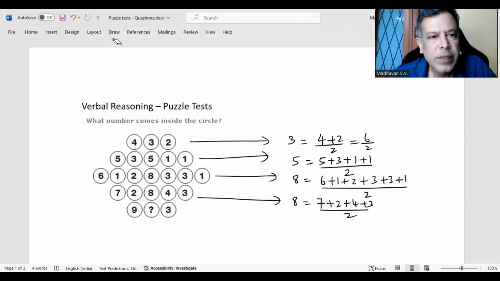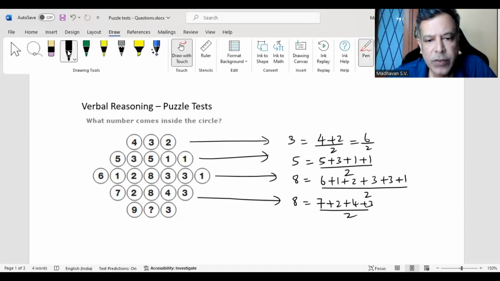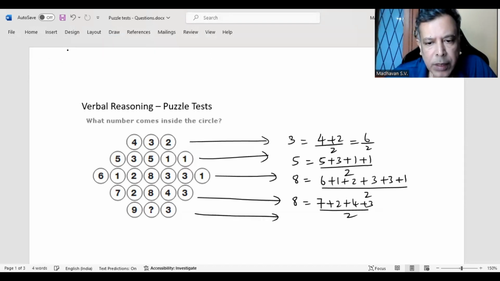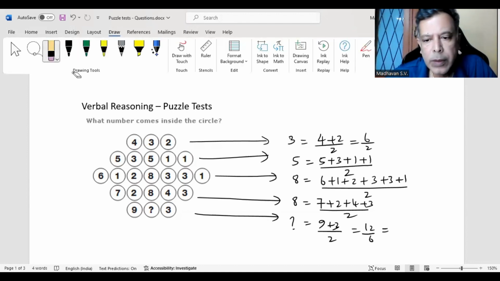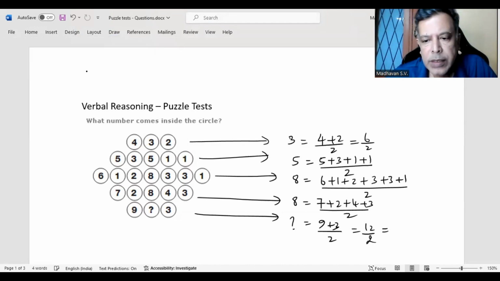So on that basis, now for the last row, middle number, the question mark should be 9 plus 3 divided by 2, which is 12 by 2. So that should be 6. So the answer should be 6. Let us move on to the next question.